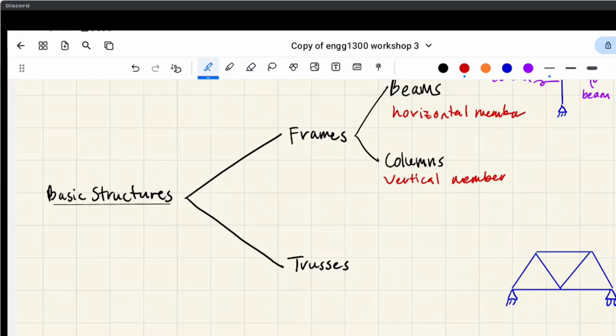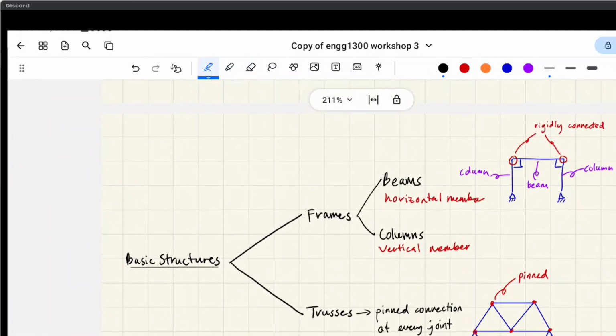But there are a few things that make it stand out, and the main thing is that these are all pin connections at every joint. At every joint.